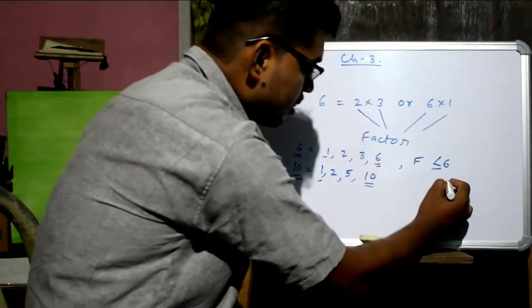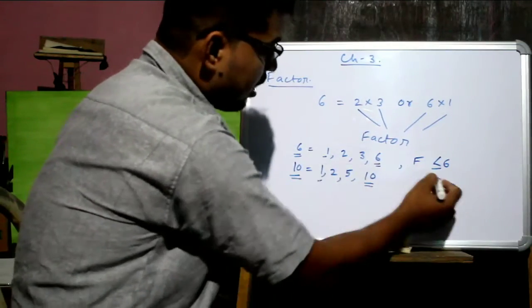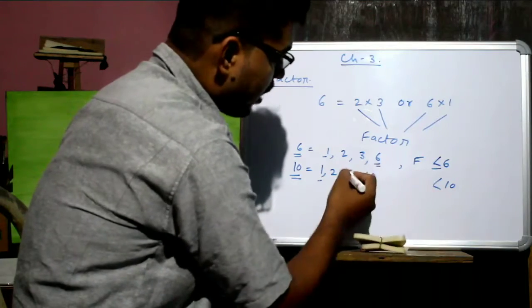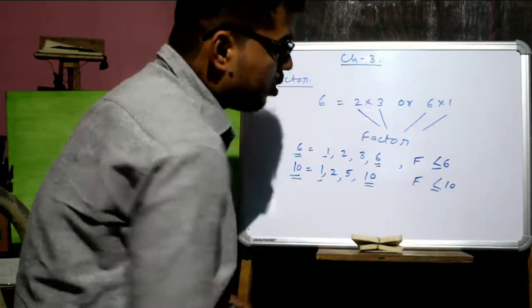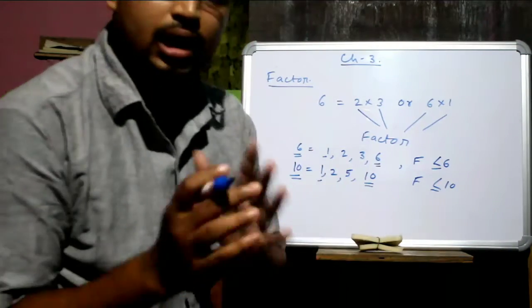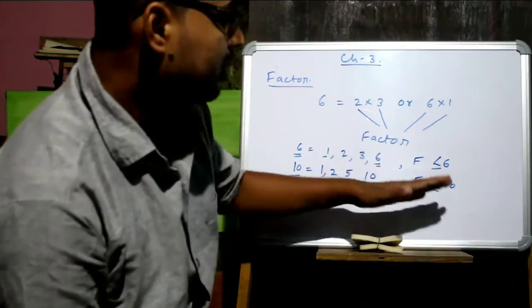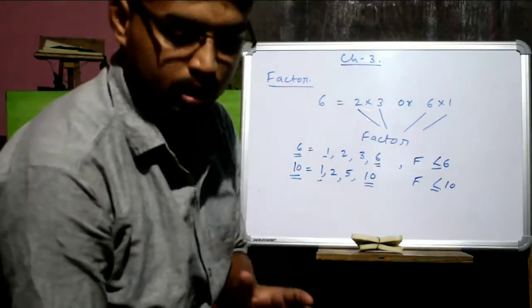For 6, 1 is less than 6, 2 is less, 3 is less, and 6 is equal. For 10, 1 is less, 2 is less, 5 is less, and 10 is equal. So all factors are less than or equal to the number, as we calculated.